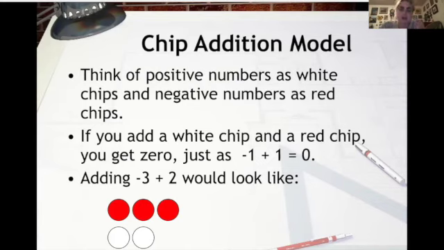If you add a white chip and a red chip, you get 0, just as -1 plus 1 equals 0. So let's go ahead and look at the last bullet point, i.e. -3 plus 2 would look like we have -3, our red chips on top equaling negative numbers, and our 2 white chips to identify positive numbers.